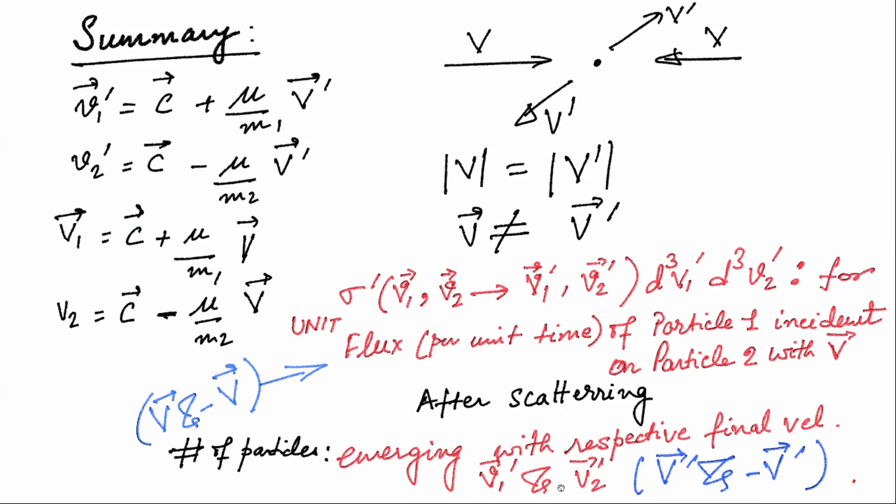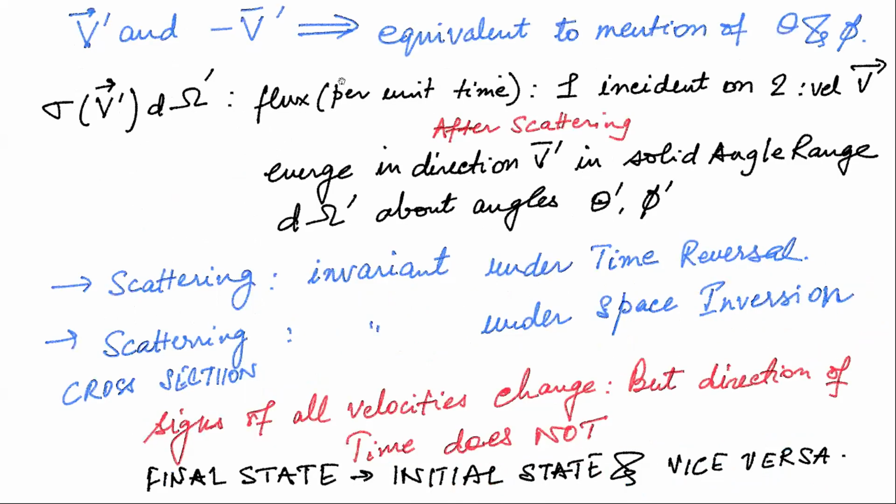They're emerging with v1 dash and v2 dash, and this is how you can write them in terms of c and v dash. But what we are going to say is that this approach in two different directions is equivalent to specifying the values of theta and phi that they scatter into, because the magnitude anyway remains the same.